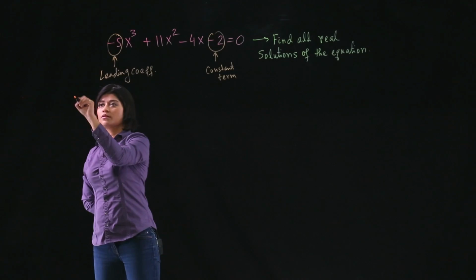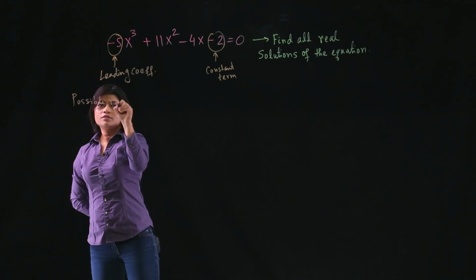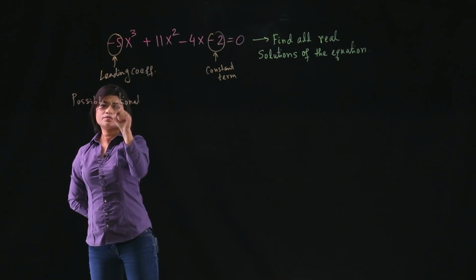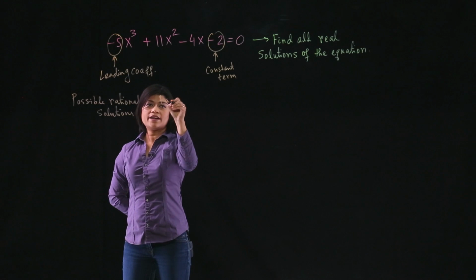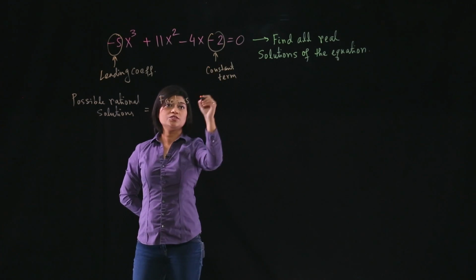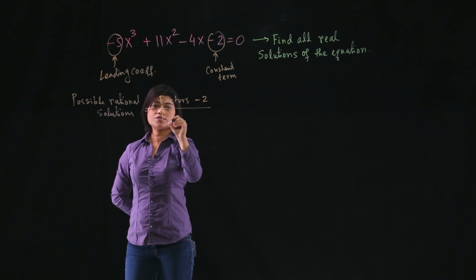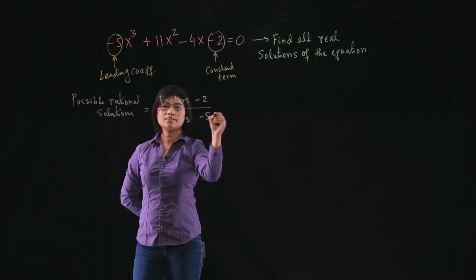Therefore, possible rational solutions are factors of the constant term in the numerator, which is -2, divided by factors of the leading coefficient, which is -5.